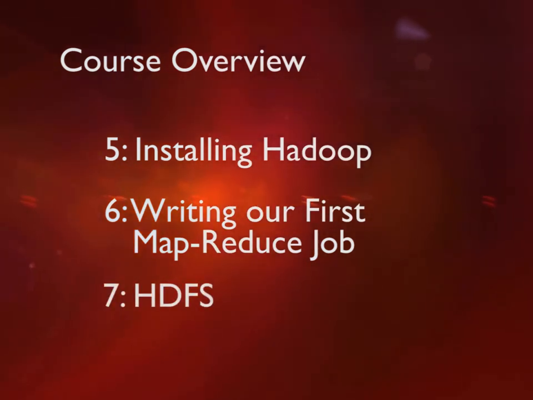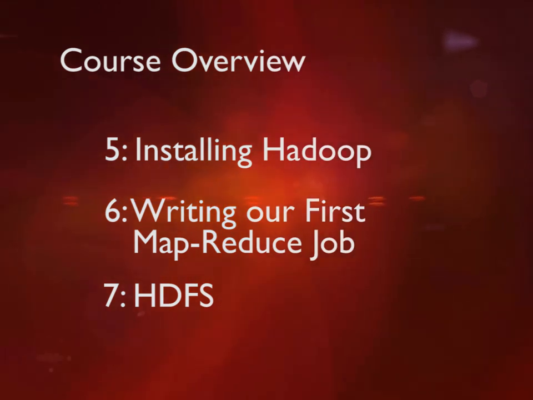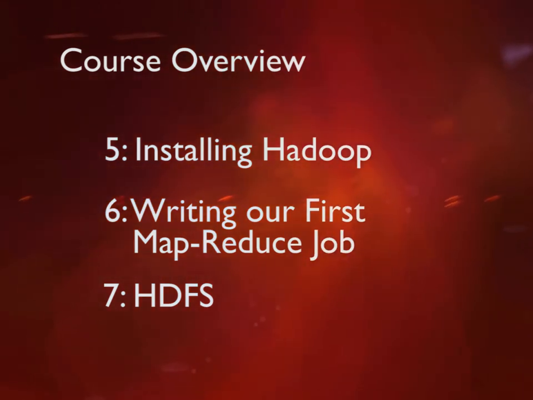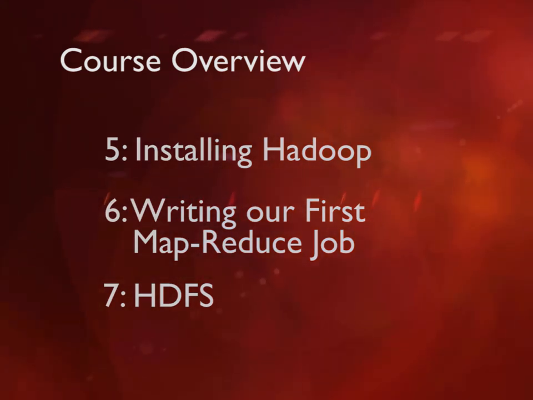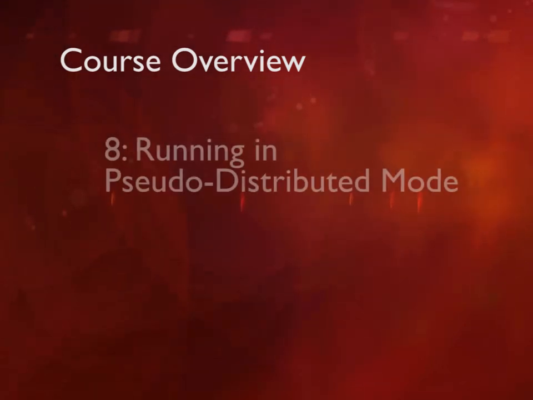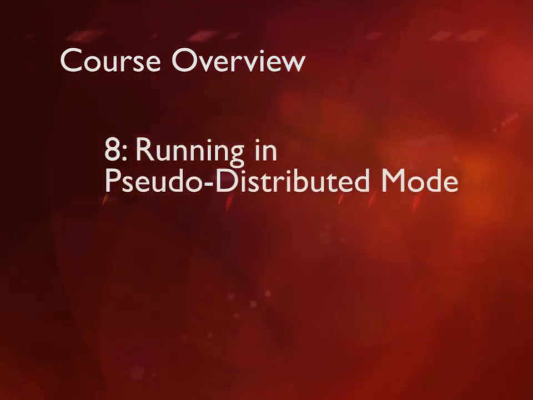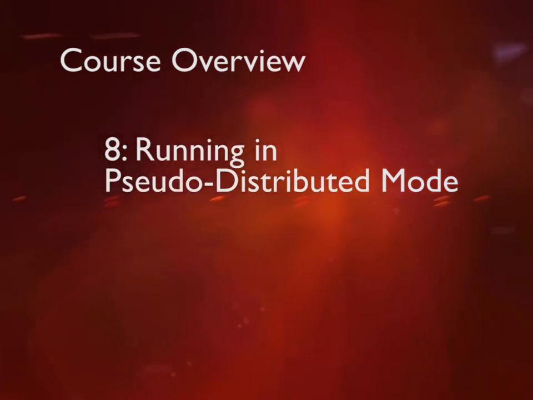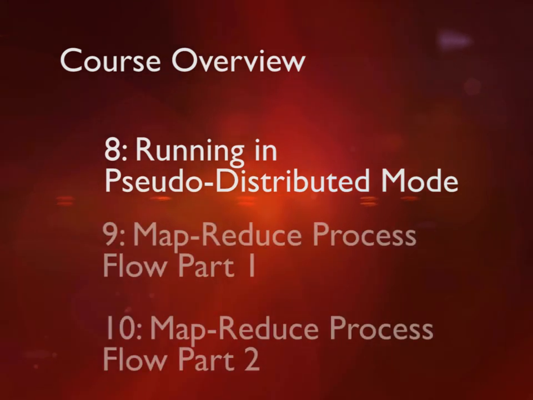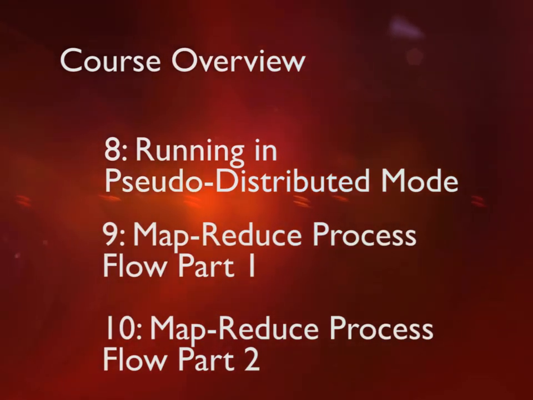In Chapter 7, we introduce the Hadoop Distributed File System, known as HDFS, and we'll learn how to put data into HDFS, get data out of HDFS, and generally interact with the system. This allows us in Chapter 8 to run our jobs in pseudo-distributed mode, simulating a full deployment with lots of machines.